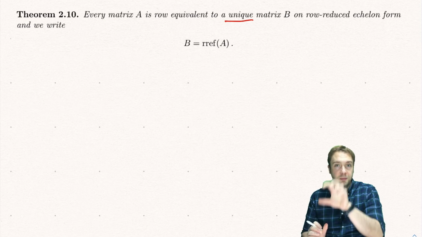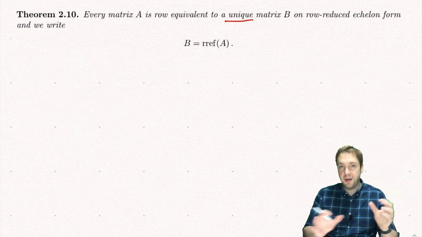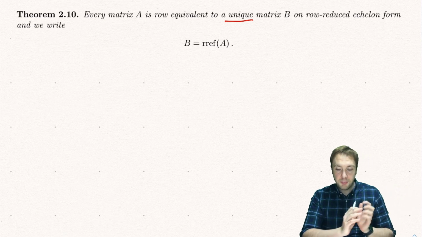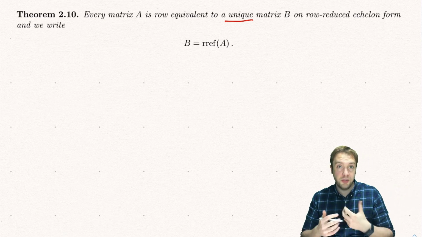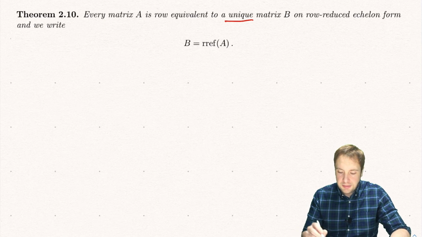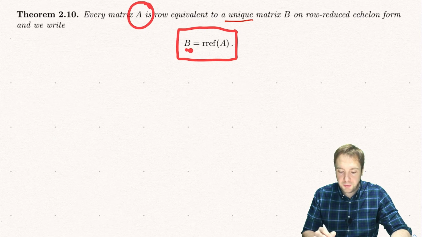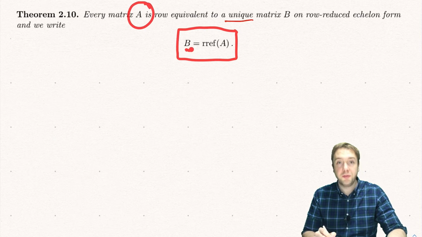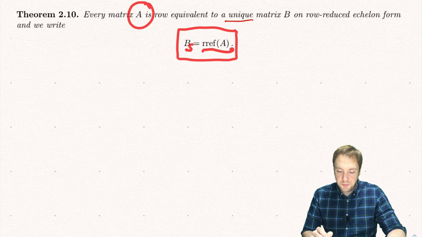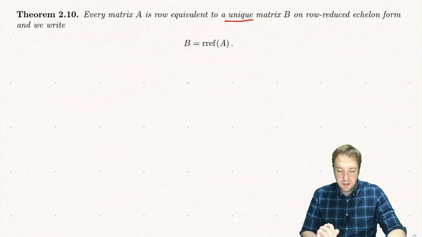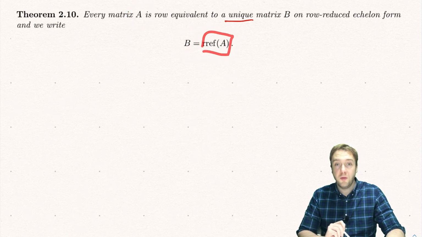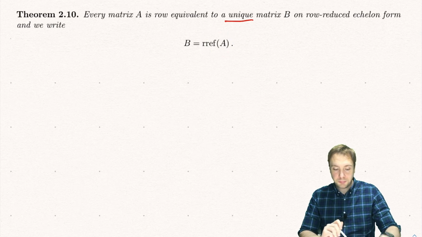It wouldn't be possible to use other row operations and end up with another matrix which is different from this matrix B and which is also in row-reduced echelon form. Therefore we can introduce this notation: if I start with a matrix A, then there's a unique matrix B in row-reduced echelon form, and we say that B is the row-reduced echelon form of the matrix A.